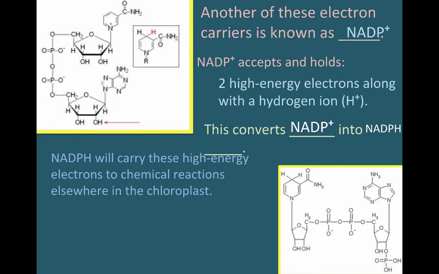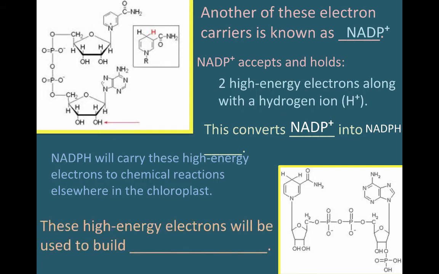If it's picking up a hydrogen, we're going to change its name by adding a hydrogen to it. So NADP plus will pick up electrons and a hydrogen, and we then call it NADPH. And so NADPH can carry those electrons someplace else in the chloroplast to be used, okay? And those high energy electrons are what we're going to use to make glucose, because to make a complex molecule like glucose requires energy. And so the energy that we're going to use comes from NADPH, or those electrons that NADPH is carrying.